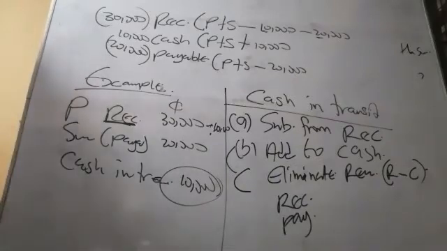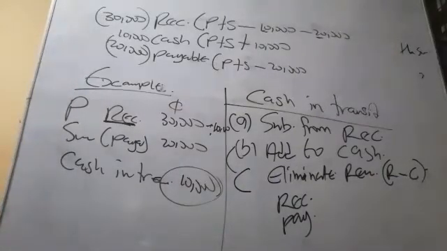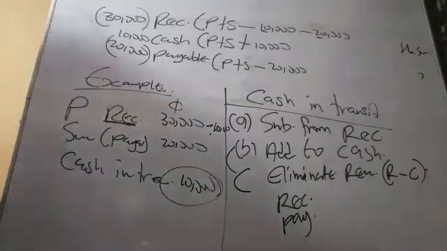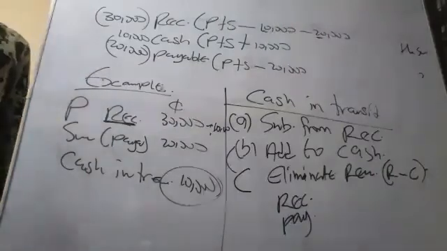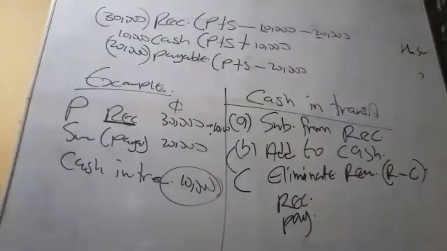Okay, so still on intra-group receivable and payable, we are going to look at goods in transit. Please, when you are solving the full consolidation, bring all these issues down.